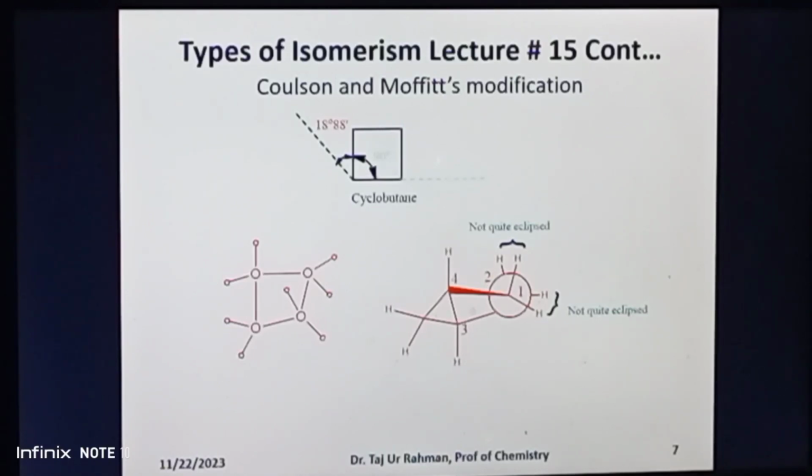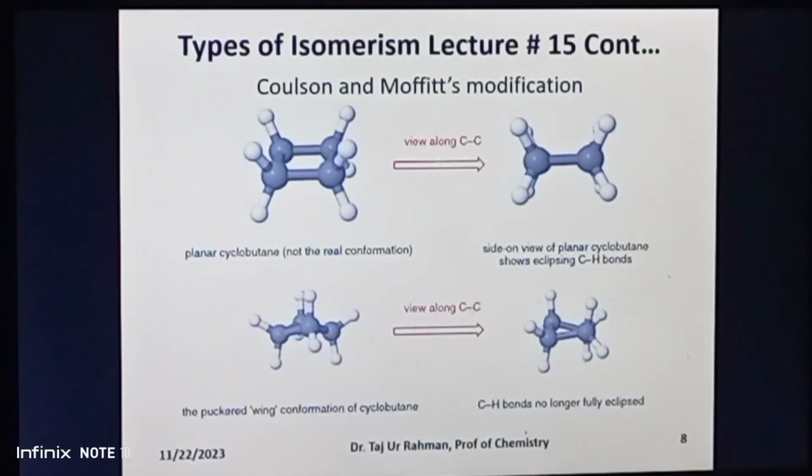Thus, the increase in bond angle causes greater overlapping between the sp3 hybridized orbitals and hence leads to an increase in stability. So that's why cyclobutane is more stable than cyclopropane. These are the various conformations of cyclobutane molecule.